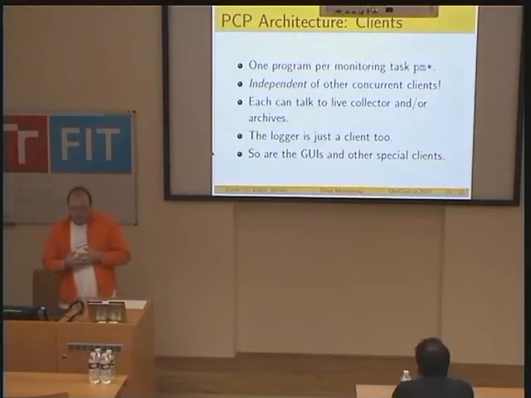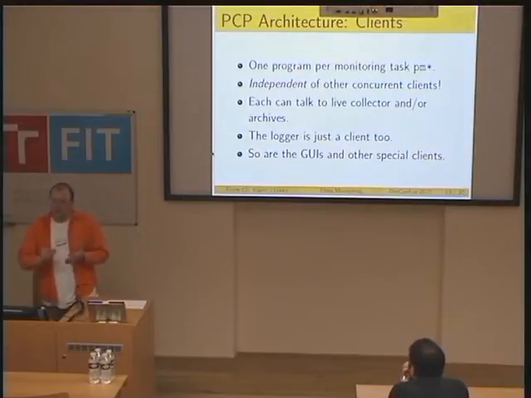So each client tool that shows you system stats can talk either to history, or it can talk to present data, either a local or a remote machine. It's all just selected by command line options, and it's a built-in capability to all of these tools.